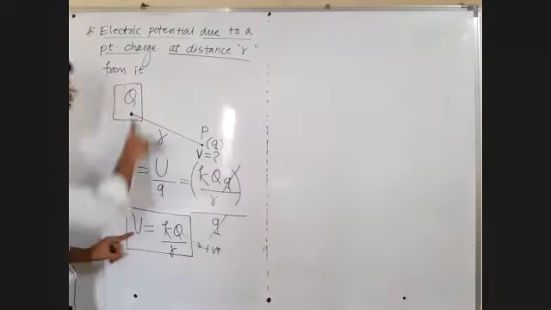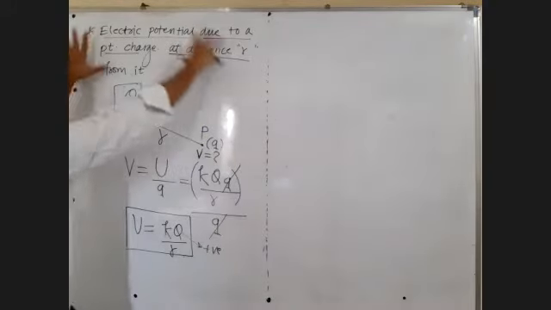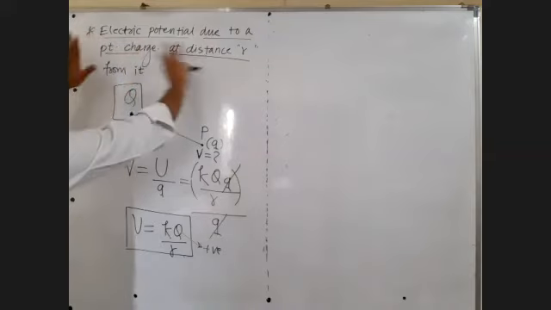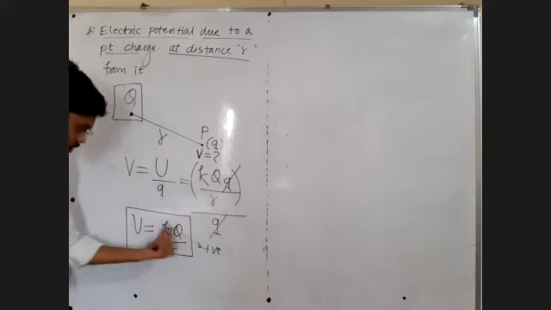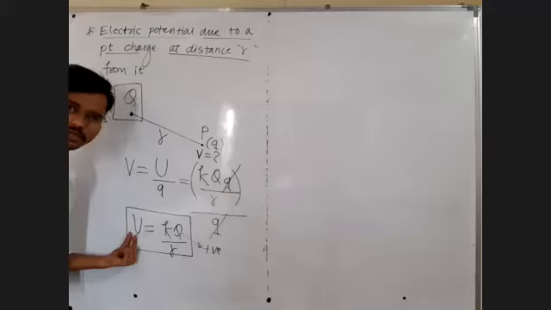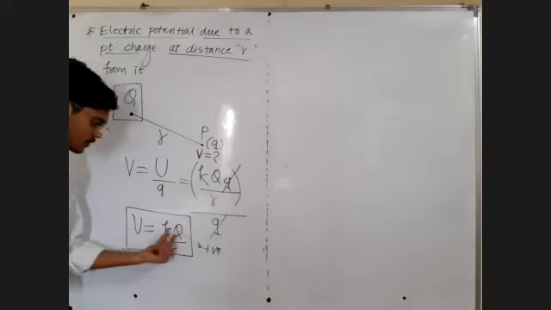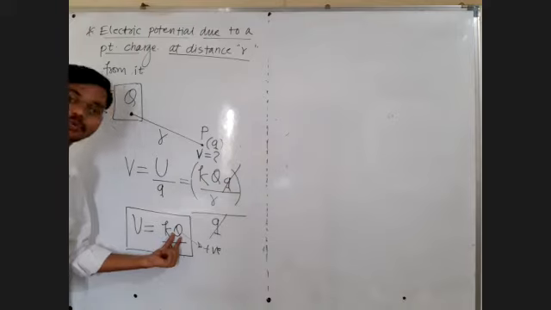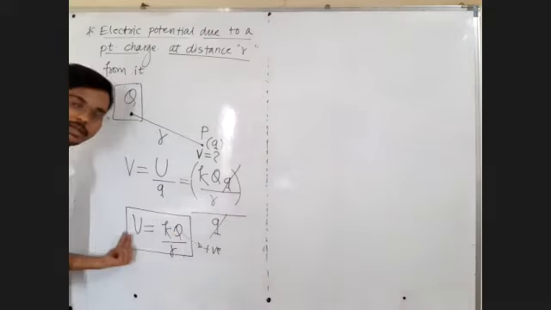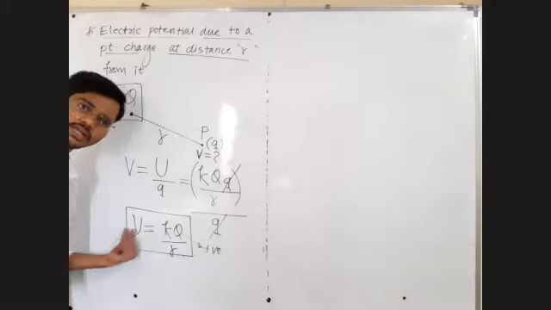So because of this positive charge, at any distance r from it, all the potential values will be positive. If our charge is negative, potential because of it will be negative. If our charge is positive, potential because of it will be positive.